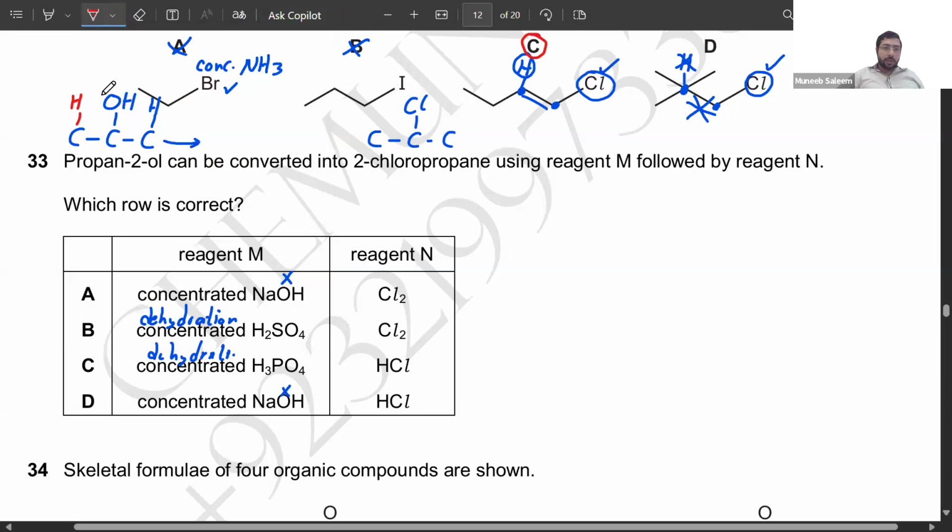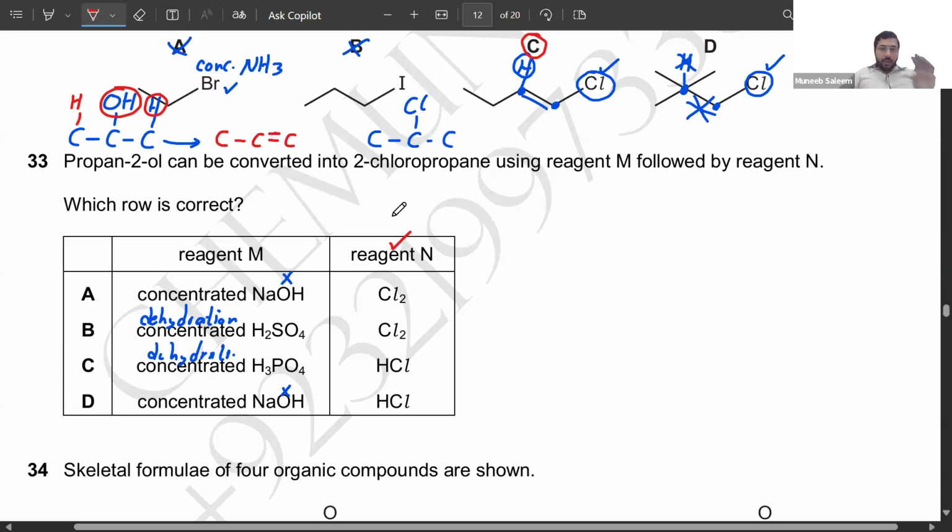So I can expect that this OH is removed from here and hydrogen is removed from either the right carbon or the left. Both mean the same here. So when they are removed, the compound that will be produced will look like this, having a double bond over here. Now this is propene. Now this must be reacted with the reagent N to make the compound 2-chloropropane.